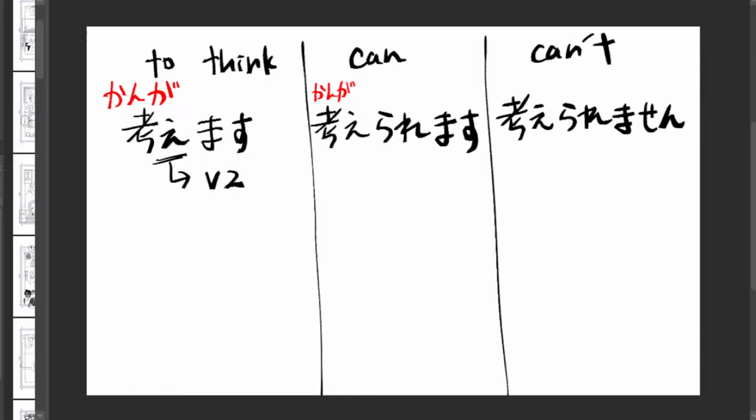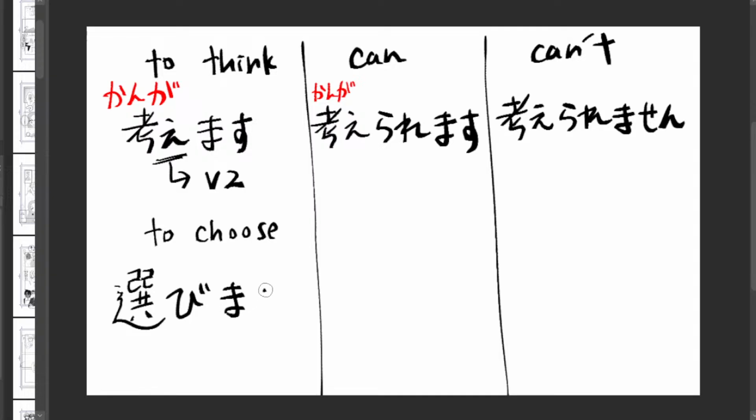And the next one, to choose. It is 選びます. I know the kanji is crazy, but yeah. 選びます means to choose.